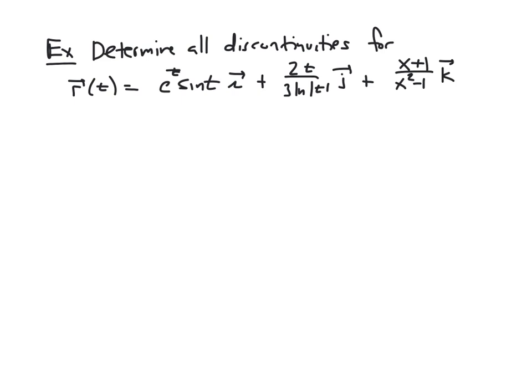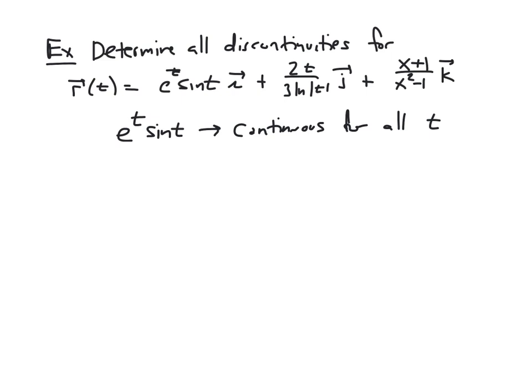If I focus on the first component function, e to the t sine t, e to the t is continuous everywhere, sine of t is continuous everywhere, and the product of two continuous functions is continuous. So this particular function is continuous for all t. Okay? So that first function doesn't pose any problems whatsoever.